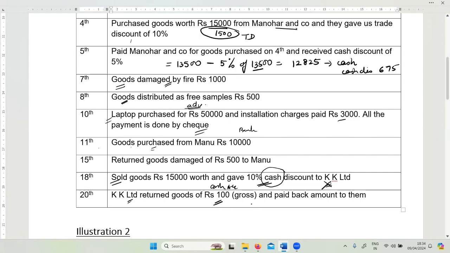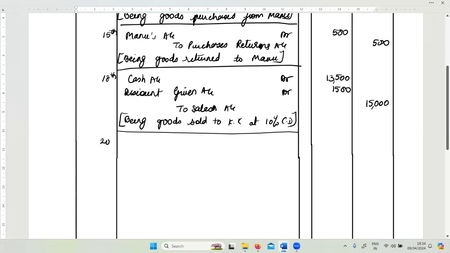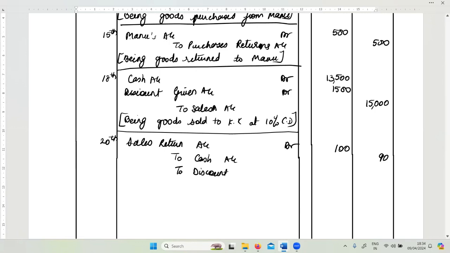Now, when we are having sales return, sales is credited, so sales return is debited. So 20th, I will write sales return account. Sales return account debit. Amount of sales return happening is 100. To cash. This amount of cash was received here, 13,500, of which now we are returning back some cash. Cash account, how much are we returning back? 90 rupees worth of cash I am returning because they were defective. Then we also are reversing this discount given account.